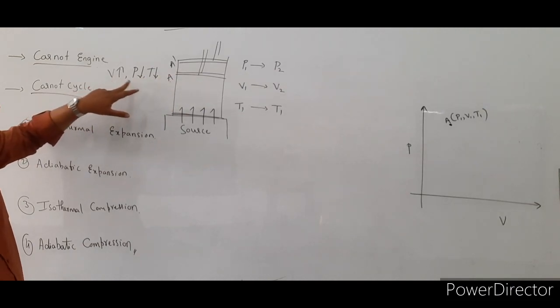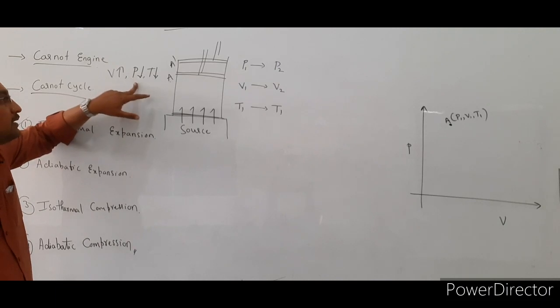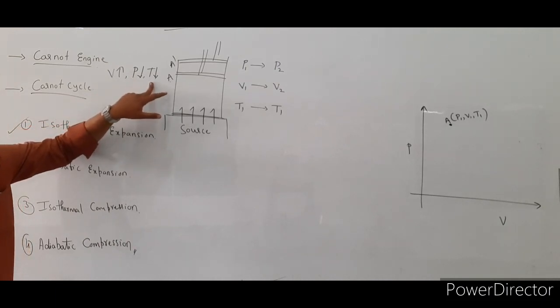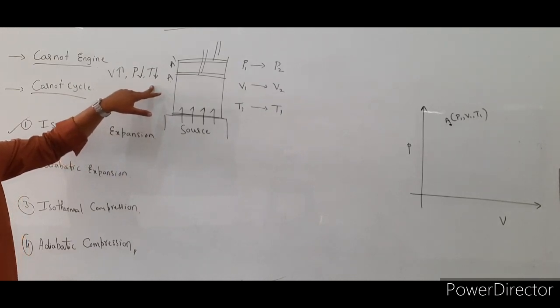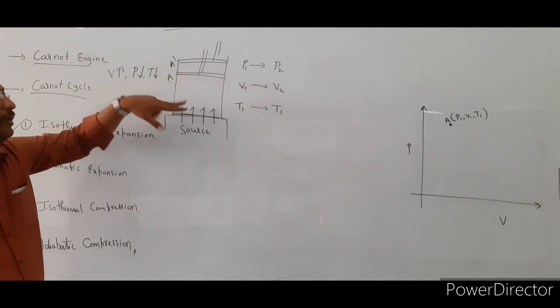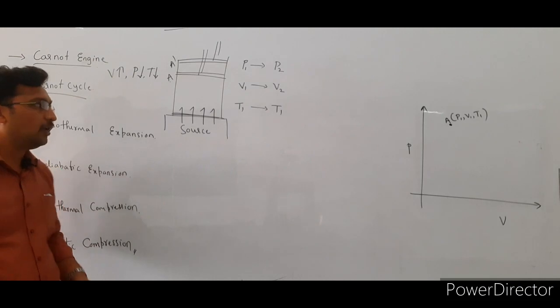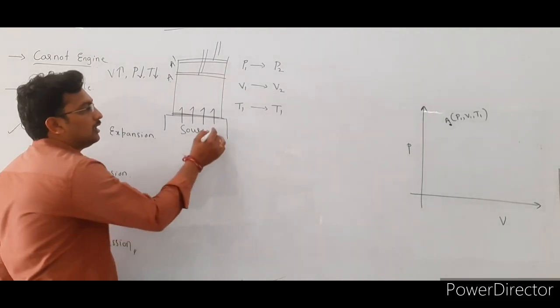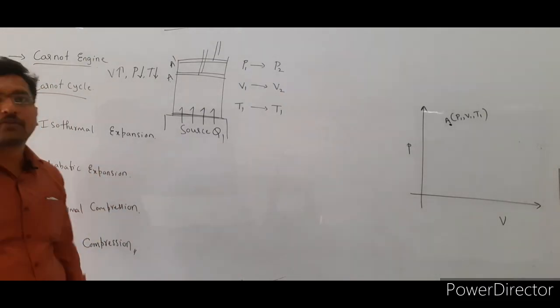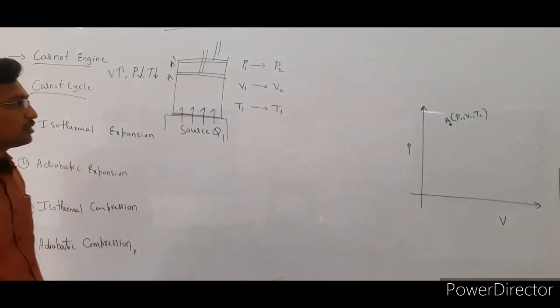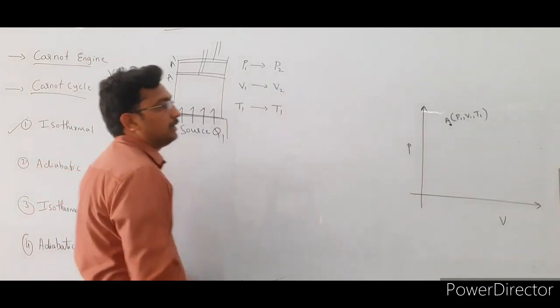If the volume is increased, the pressure is decreased, and the temperature would also decrease. But this is isothermal expansion, so to maintain a constant temperature, the working substance absorbs Q1 quantity of heat energy from the source.